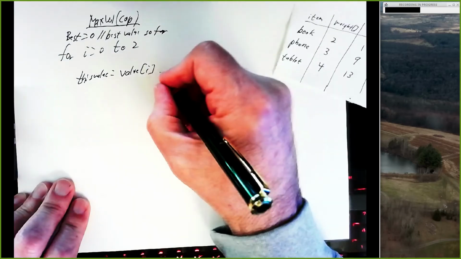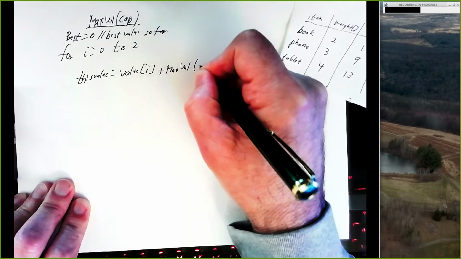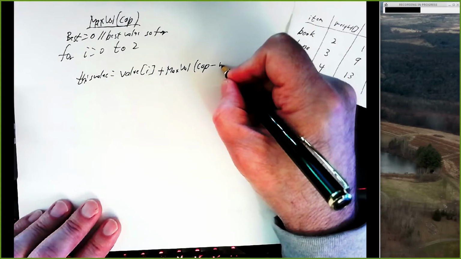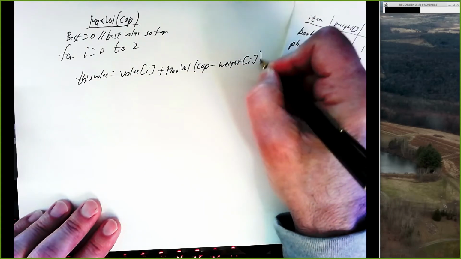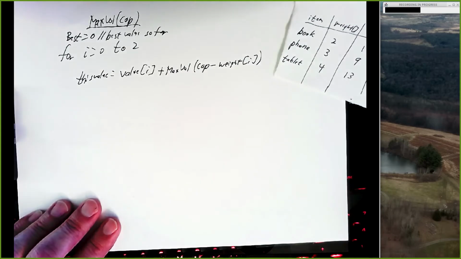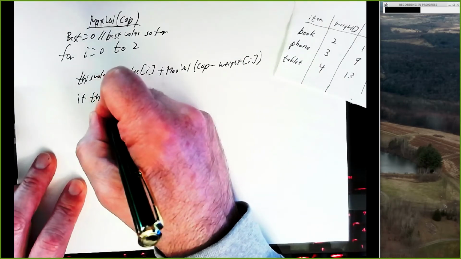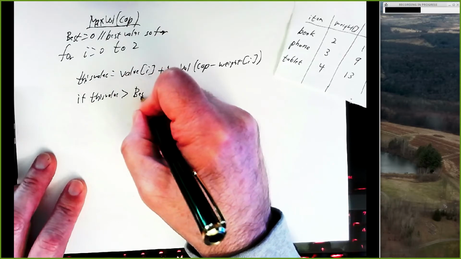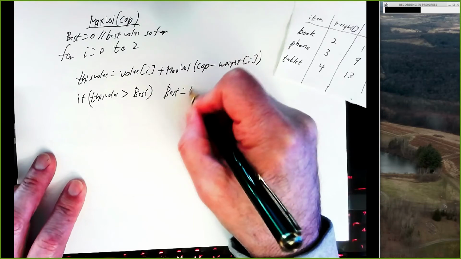So it's the value of item I plus the most value you can get from a bag whose capacity has been reduced by the weight of item I. And if this value is bigger than the best value we've seen, then just save best equals this value.